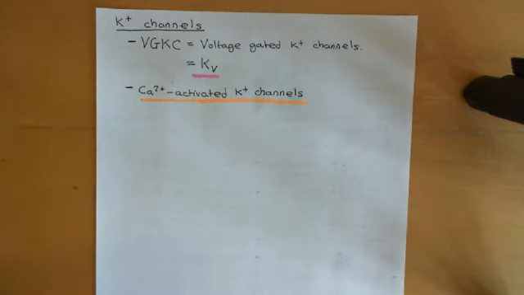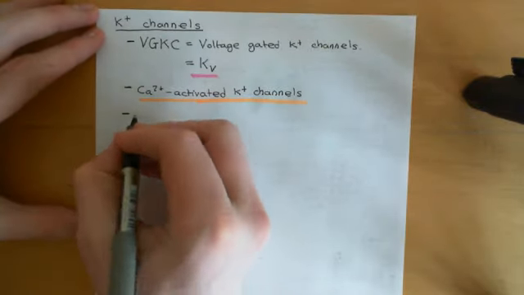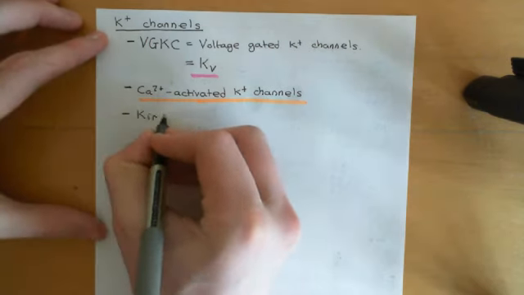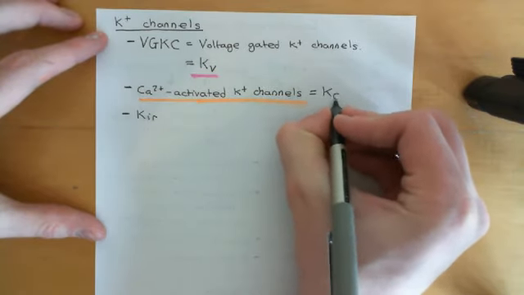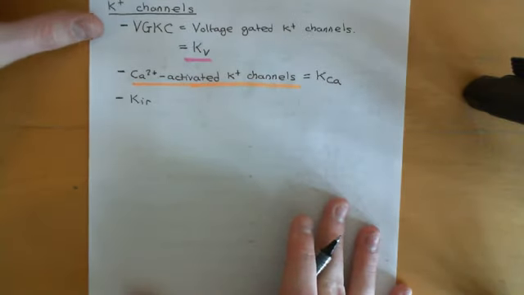Okay, next family of potassium channels, and we're getting gradually more niche. The next family that I'm going to mention are the inward rectifying potassium channels, KIR. Oh, and I should just say, the calcium-activated potassium channels are usually abbreviated to KCA, like so. Potassium channels that are gated by calcium.